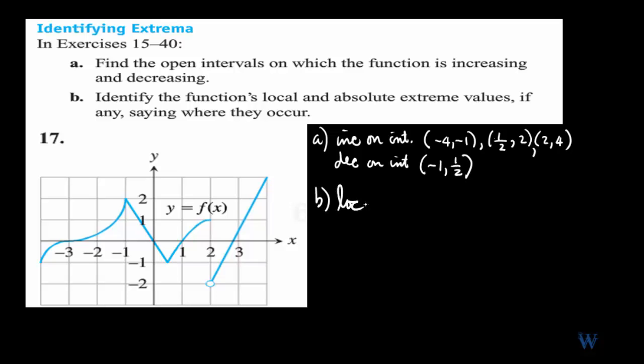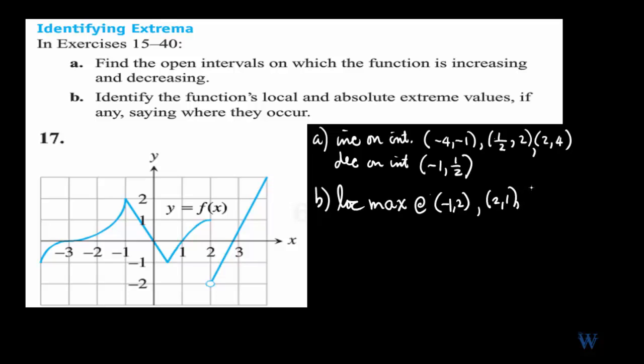And then letter B. We have to locate our local maxes. We see that there you reach a top here. That's a local max. That's another local max. So let's locate those points. At -1, 2, because the y value is 2. And then where else? When x is equal to 2, y is 1.